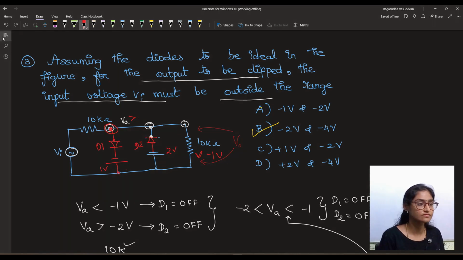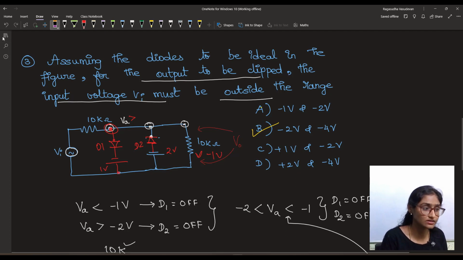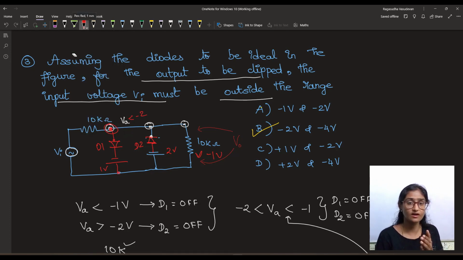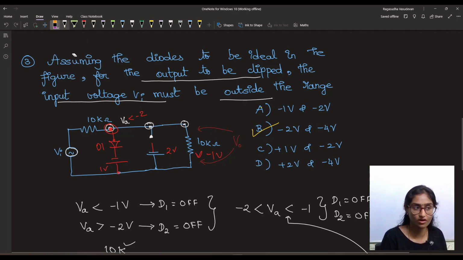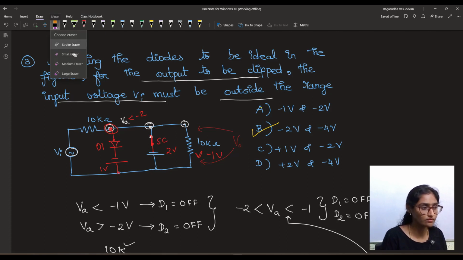In the same way, here the potential is minus 2, and if VA is less than minus 2, which is minus 3, minus 4, minus 5, minus 6, and so on, what will happen? We are making D2 forward biased, so it will be short circuited, and D1 will be off.